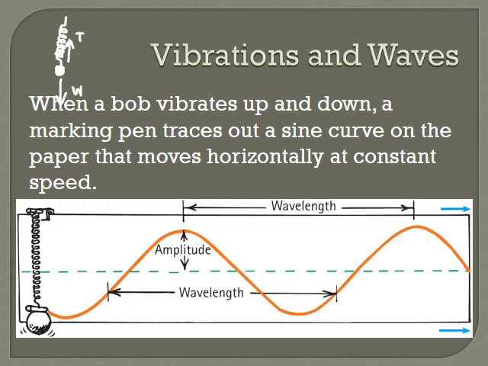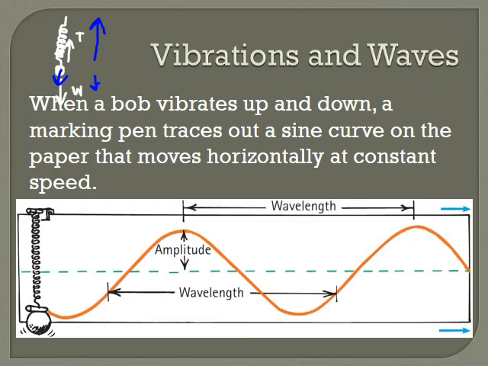Now let's imagine that after it's come to a nice rest position, we go ahead and we pull on it. I give this guy a pull downward. What's that going to do? It's going to stretch my spring beyond the rest length. And by doing that, I'm going to have an upward tension force that's larger than my weight downward. Again, I give it a little push to get it going.